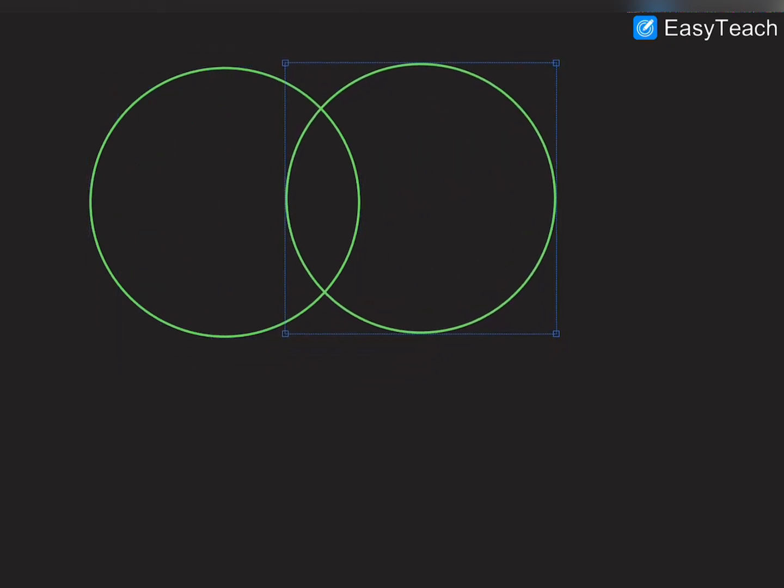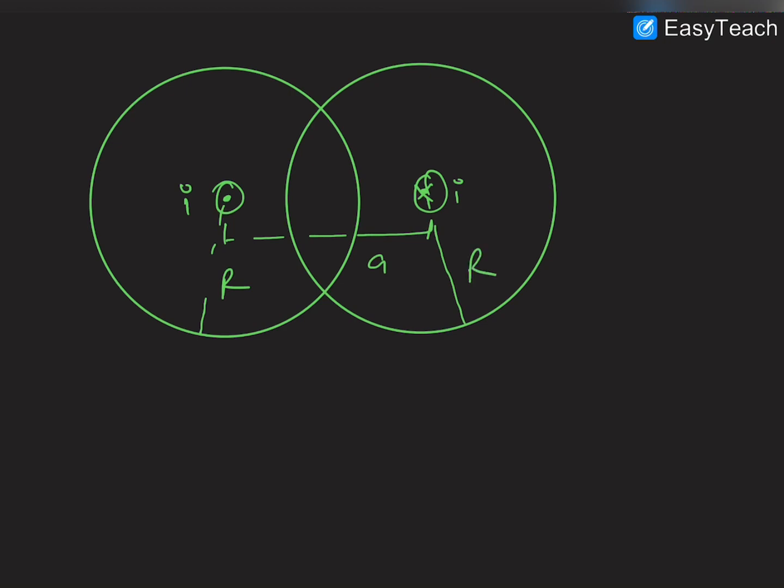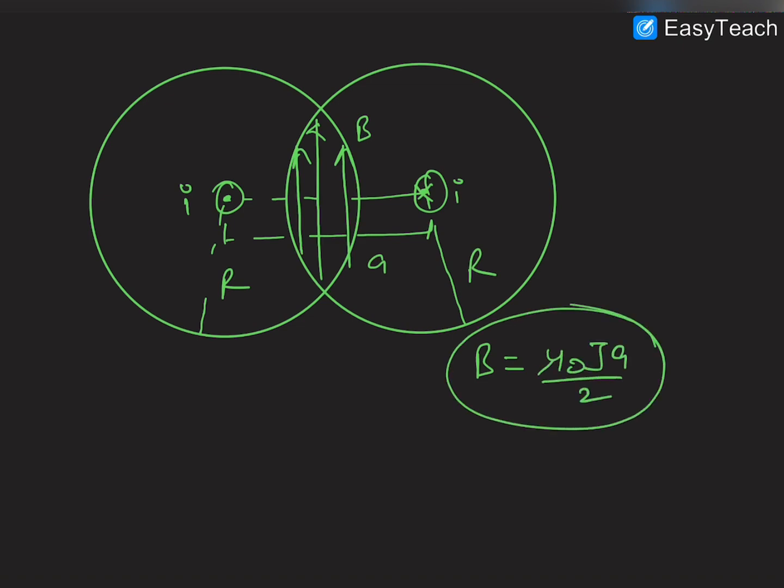In this intersecting region, if the current is the same and in opposite directions, this is I, and the cylinders are identical in shape and size, we can say that in this intersecting region the magnetic field is constant, and this magnetic field B is equal to mu naught J A by 2. So this is the final result.